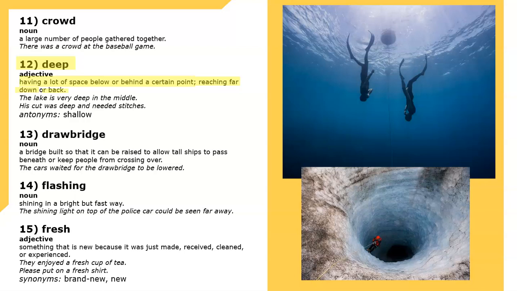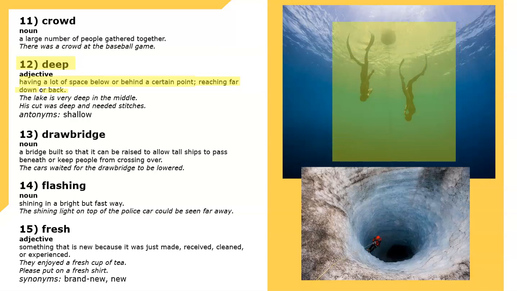So if you look at this picture here, we are in the ocean, and of course the ocean is very deep. You can't touch the bottom of the ocean with your feet. Anytime you're in water and you can't touch the bottom, you can say it is deep. The ocean is deep or the pool is deep.